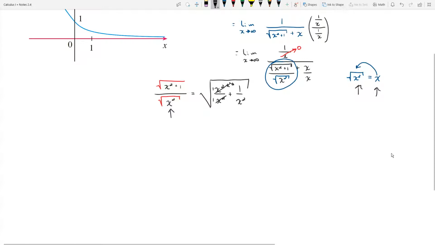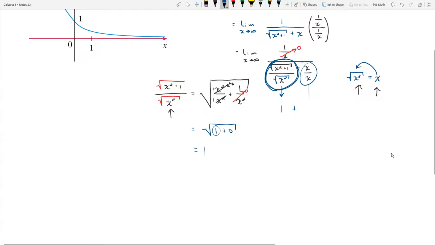This becomes 1. And of course, 1 over x squared becomes 0. And we now have the square root of 1 plus 0, which is just simply the square root of 1, or 1. So this expression in the denominator would actually become 1.